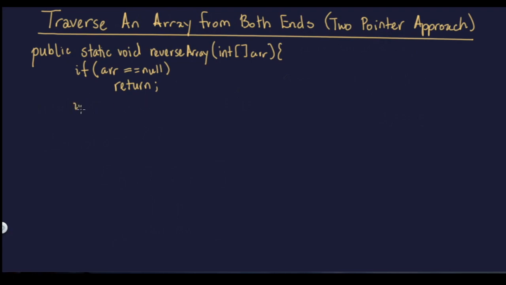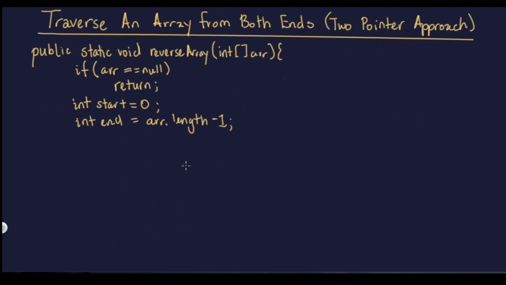So we have int start, and we'll set that equal to 0. And then int end, we'll set that equal to array.length minus 1. And that just gets the index of the last element.